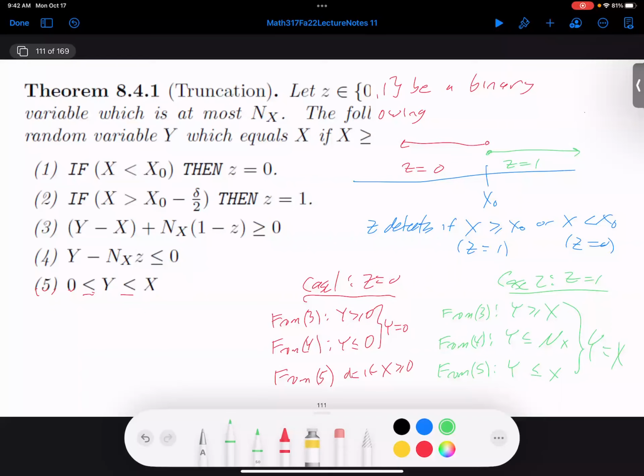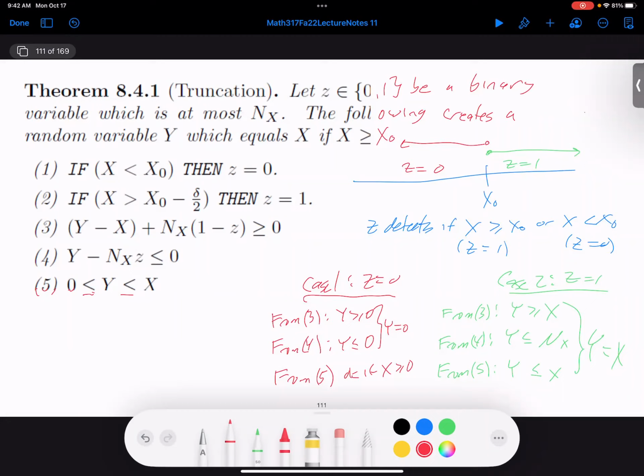So the following, I think I would phrase it as: create a random variable y, which equals x if x is greater than or equal to x naught. So basically, if x is at least x naught, y equals x, otherwise it equals 0.